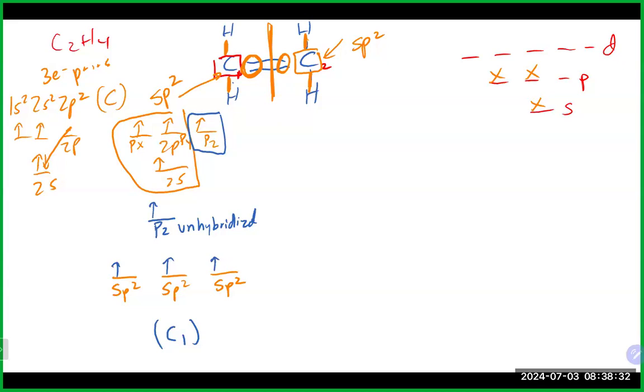First off, any questions on that? So we have 3 hybrid orbitals and 1 unhybridized p orbital. Because the carbon on the right-hand side is pretty much identical, it hybridizes the exact same way. So for the carbon on the right-hand side, we also end up with 3 hybridized sp2 orbitals, which each have an electron in them, and also 1 unhybridized pz orbital.